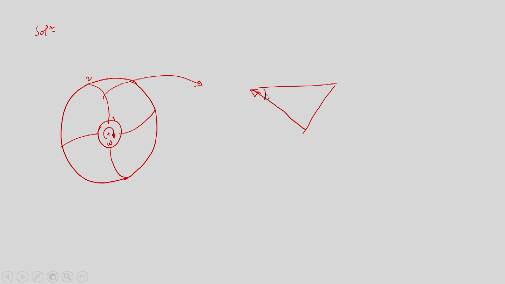This is beta 2 blade angle, this is u2, and this component is absolute velocity c2. This is point 2 at the outlet.